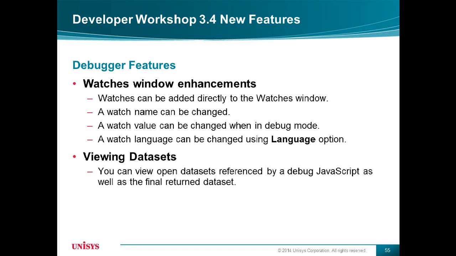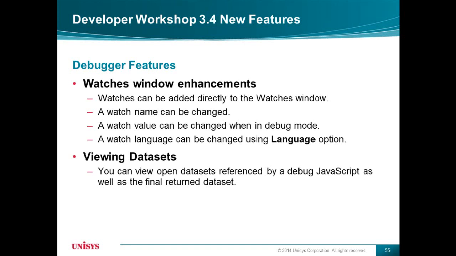Working with JavaScript or viewing the dataset, I would say. Working with JavaScript, you can open the dataset as well as the final result that's been written as a dataset. The new workshop will allow you to change the context of the variables during the debug session. So, while we are debugging through a JavaScript, as we know, it works with the datasets.